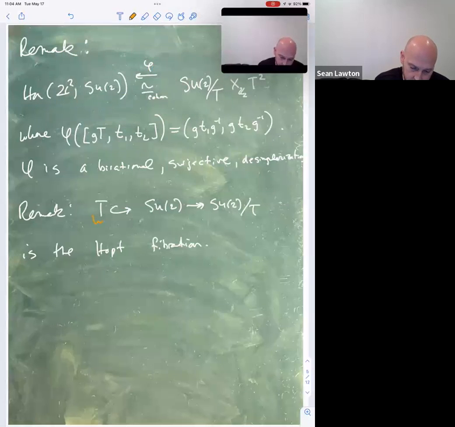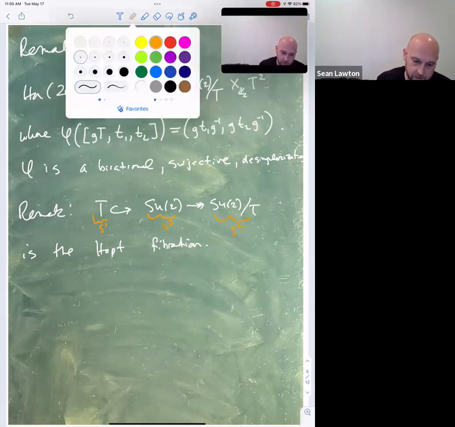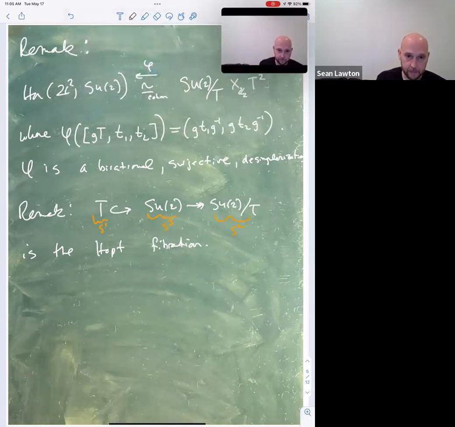This is S1. This is S3. And you can show that's actually a two-sphere. So everything in this example is very, very concrete. All right, so I think that's enough about Hom.